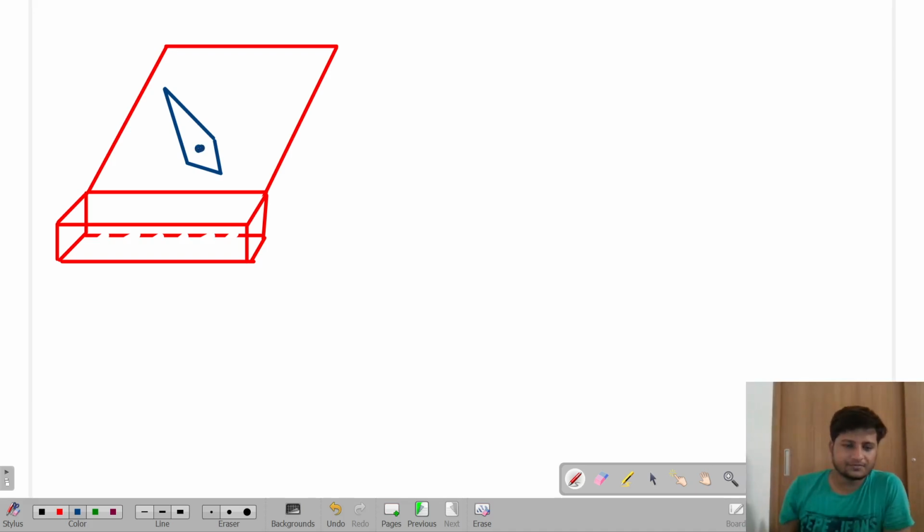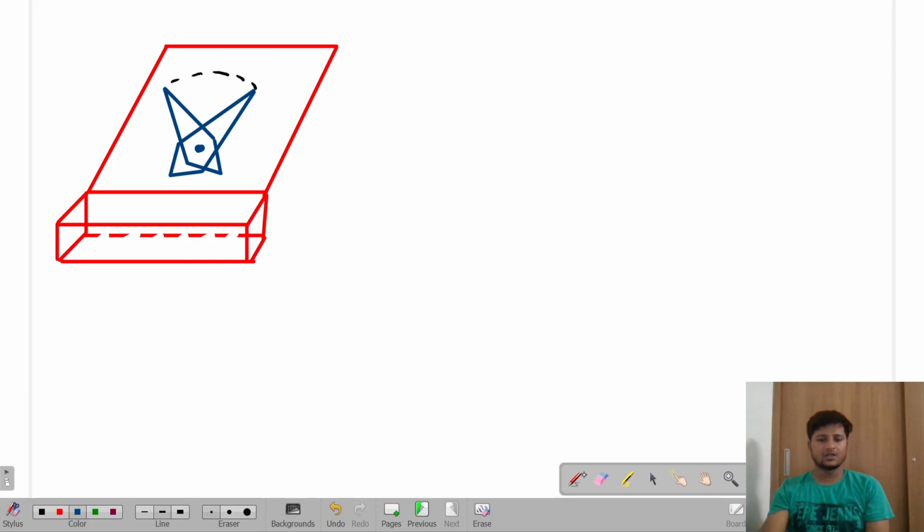Now see, when a current passes, this pointer will get deflected by some amount. Let's suppose after deflection it has come over here.